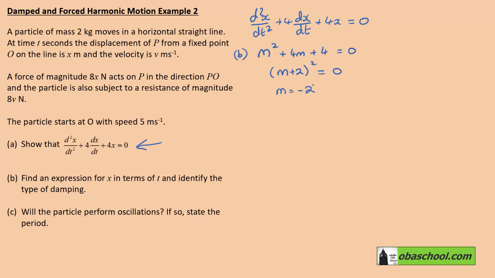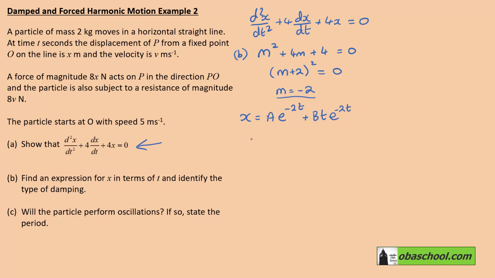And so we have a repeated root of m equals negative 2. That gives us a solution of the form a e to the negative 2t plus b t e to the negative 2t.